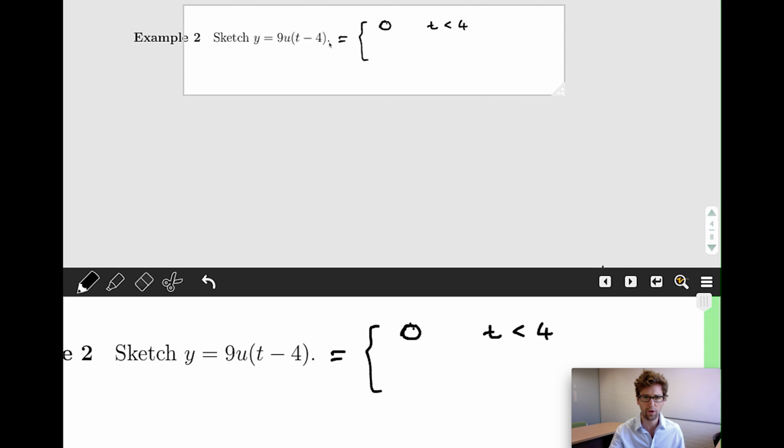It takes the value 1. So I've got 9 times 1, so I get 9. So we can read these Heaviside function expressions as this telling us where the thing switches on, and this number here tells us what the magnitude of that will be.